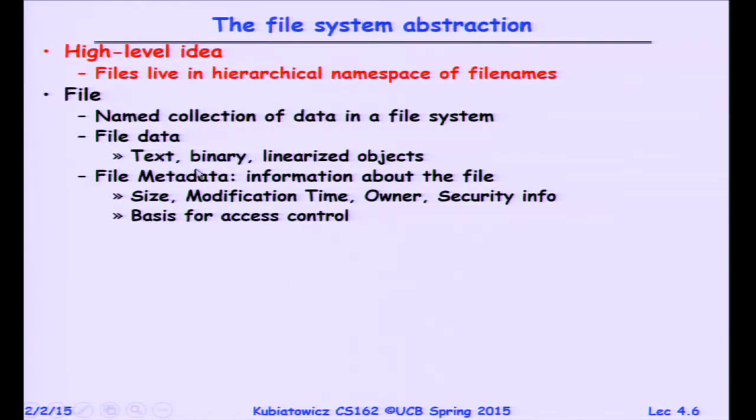The file data can be formatted any way you want, and the operating system at this level doesn't care if you've got binary data or text data or whatever. The application is the one that interprets it. This is a little different from other operating systems where the operating system has some knowledge of the format of the data. In Unix, typically the data is just unformatted bytes.